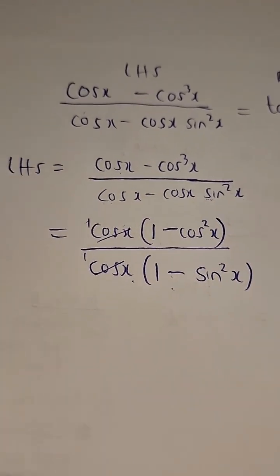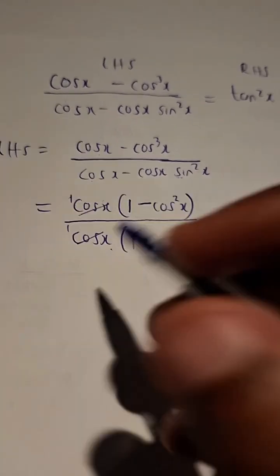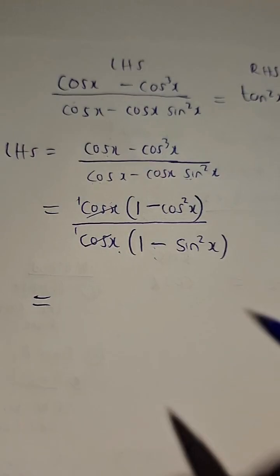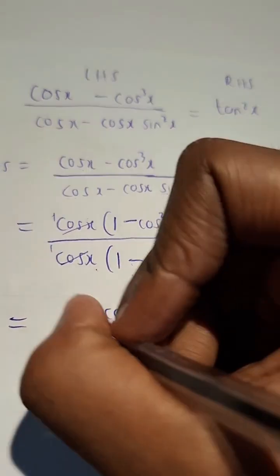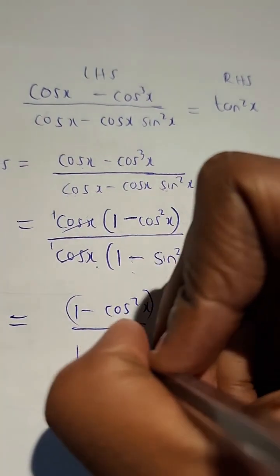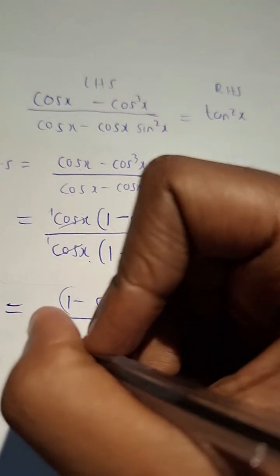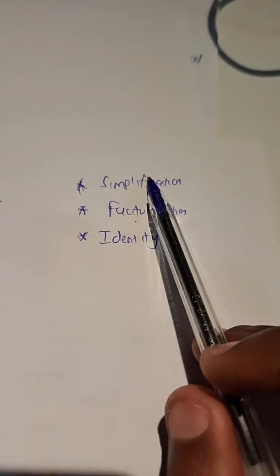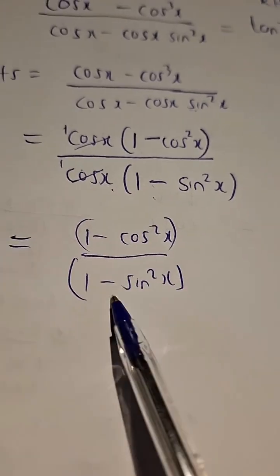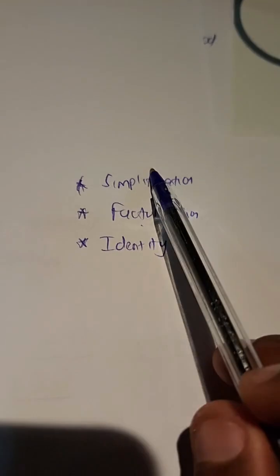Okay, in the present expression that we have, since we were able to simplify with the cancellation, do we have any further simplification that can be done here? No. So the simplification strategy is done.